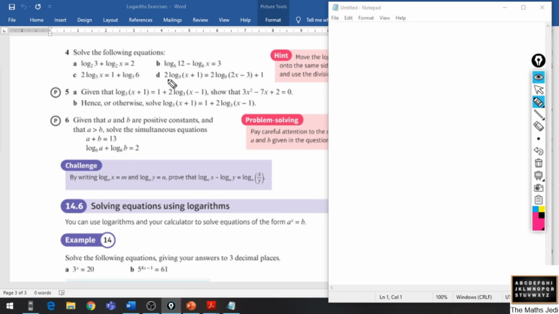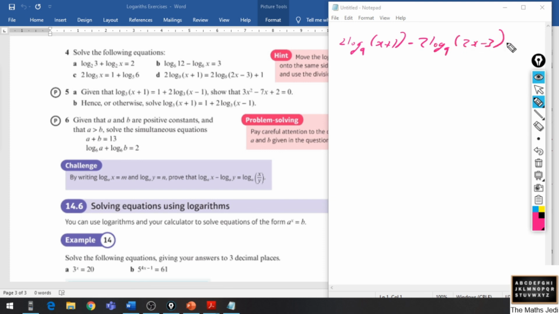A more difficult example, D. These are base 9 expressions, so we can move everything with base 9 onto the same side. So 2 log 9 of x plus 1 minus 2 log 9 of 2x minus 3 is equal to 1. These 2's in front, we can raise them up in the same way as we've done in previous questions.